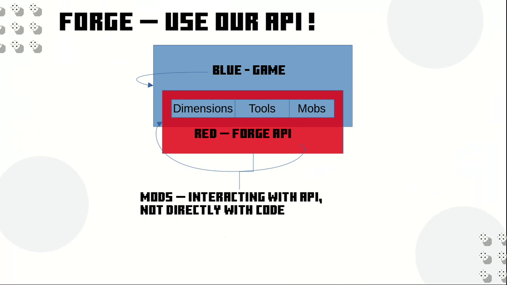We will talk about this later, but these patches may break Forge API. So the problem of Forge was that its patches are too big, so it became hard to maintain and hard to update to new versions, and it results in a big problem.